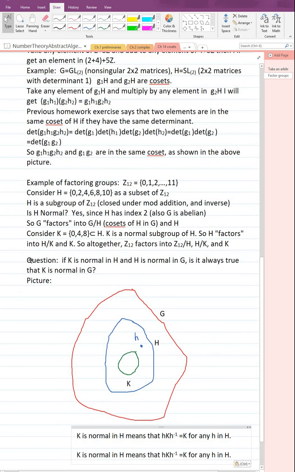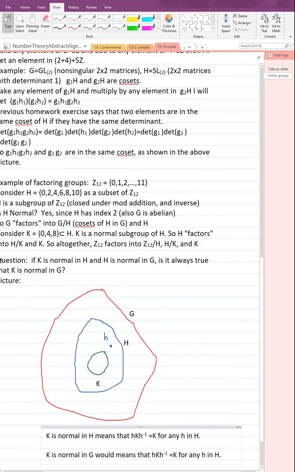It would mean g K g inverse equals K, for any g in G. The only thing I'm changing is the h to a g. I'm not changing the K.